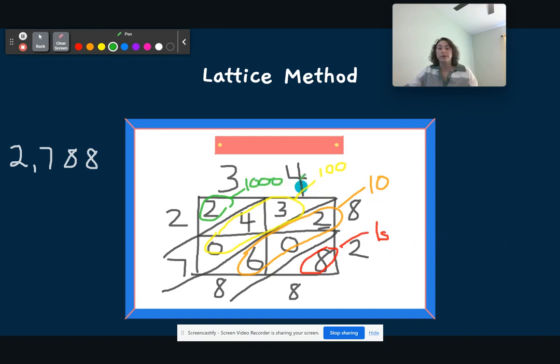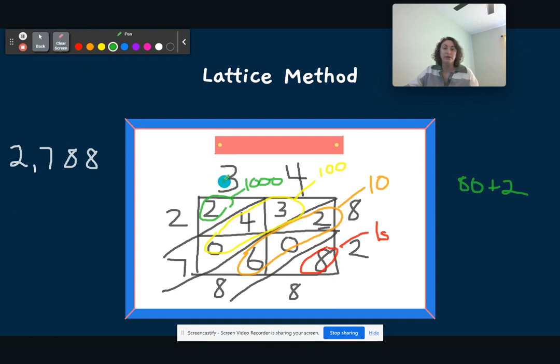So when we multiplied 4 and 8, we were really multiplying 4 by 80 because, of course, that 82 is 80 plus 2. So that 32 that we got there is 4 times 80, which is 320. So that's why we have a 3 here in the hundreds place and a 2 in the tens place.